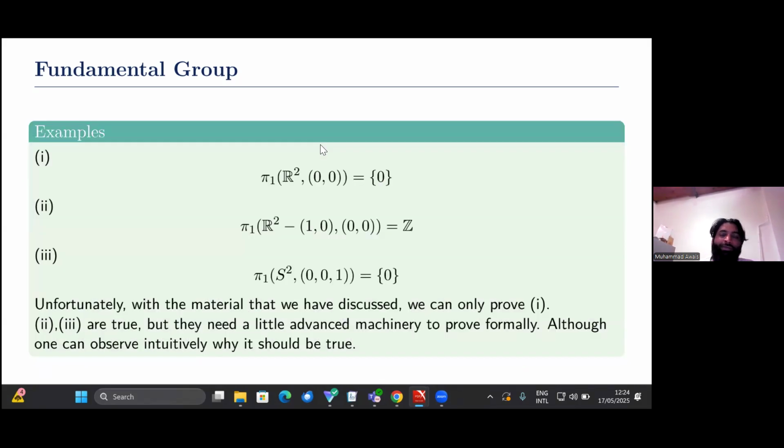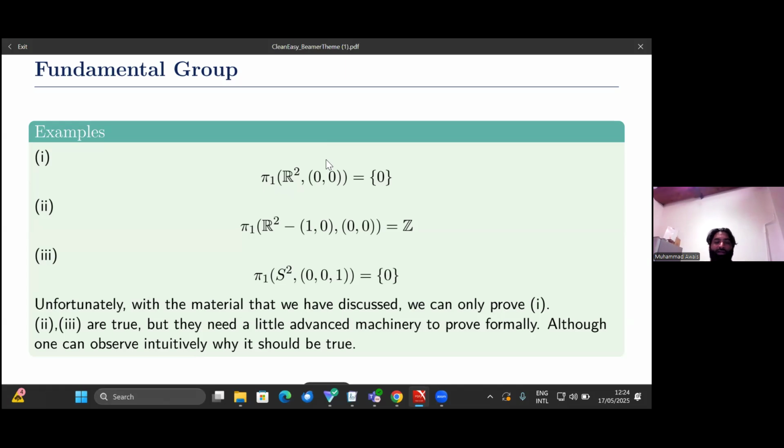Okay, so let's see some examples. The problem is that, as I told you very early, I'm not going to be very formal. With this machinery and these definitions and this discussion, it's not possible to prove these examples, but one can visualize why they should be true.